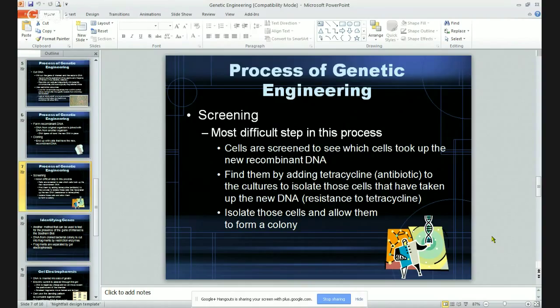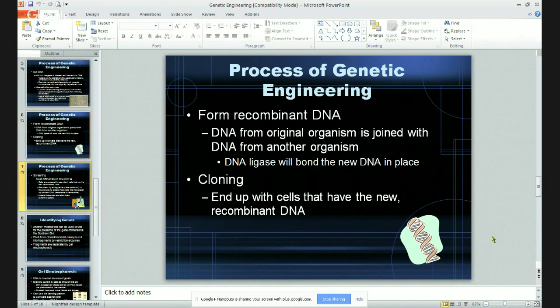So it's going to kill off any cell that doesn't have the recombinant DNA, because not all of the ones that were cloned end up with that recombinant DNA.